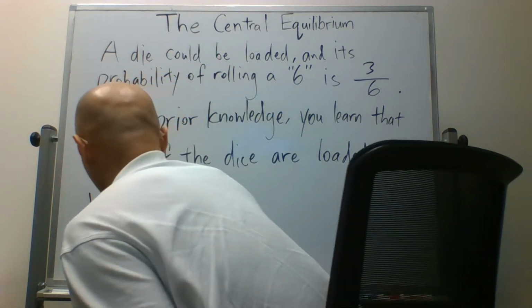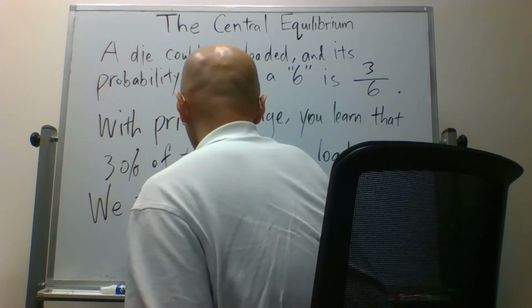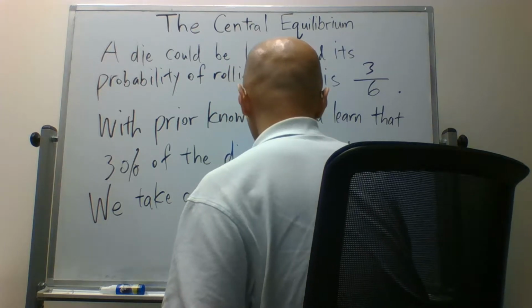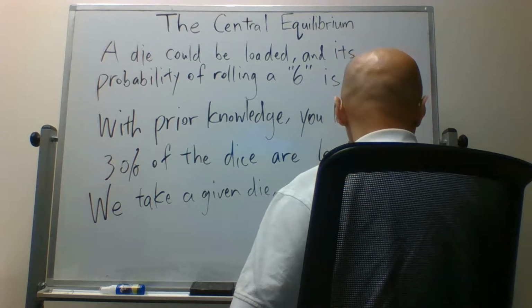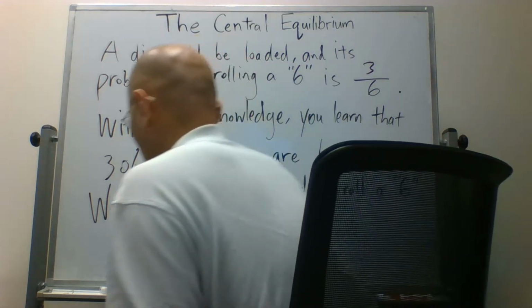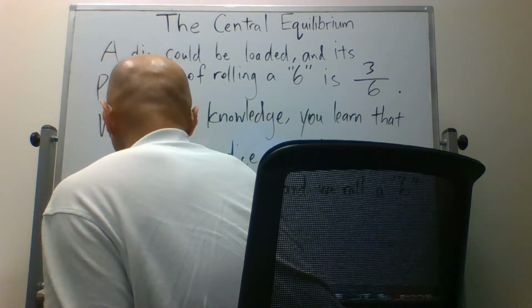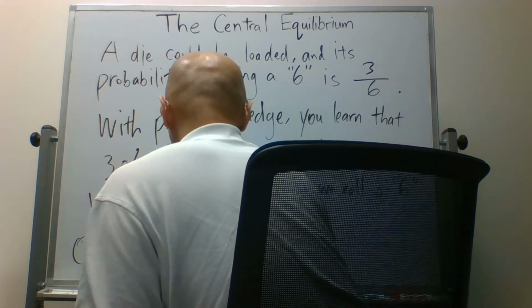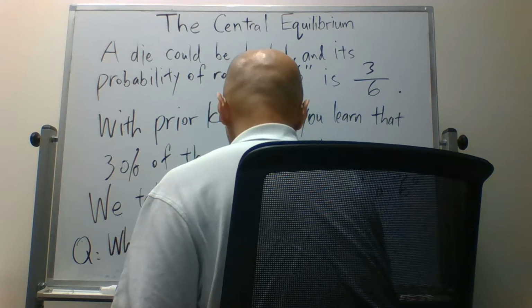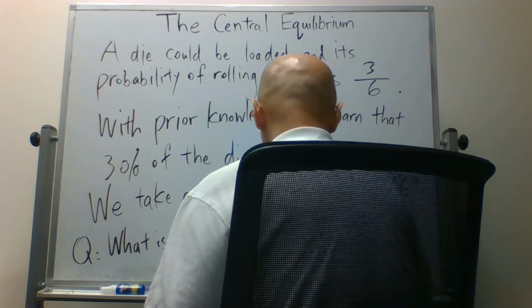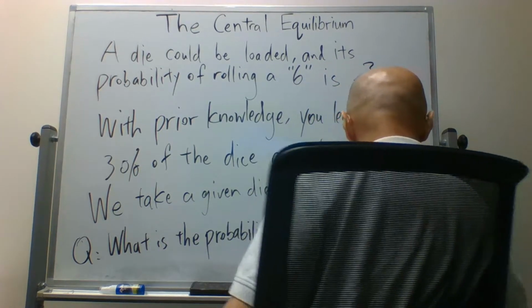So we take a given die and we roll a 6. So the question is, what is the probability that this die is loaded?